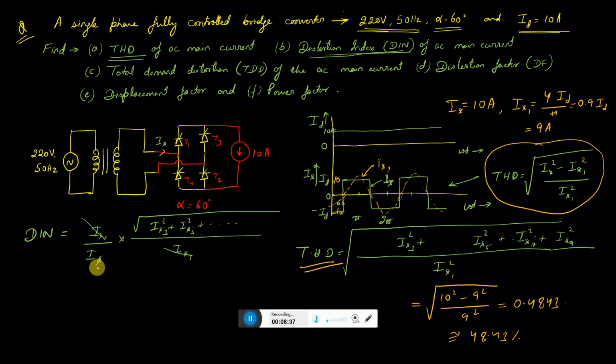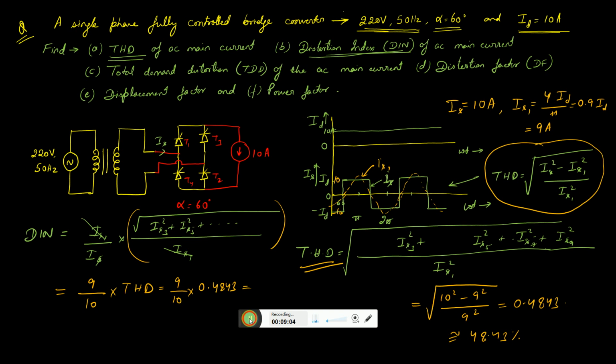Suppose I would like to get the DIN, the distortion index. What I can take is the THD value. IS1 is 9, IS is 10, into the THD, that is 0.4843. So I can write 9 by 10 into 0.4843.